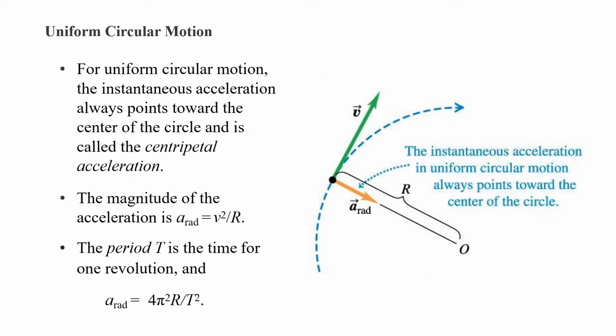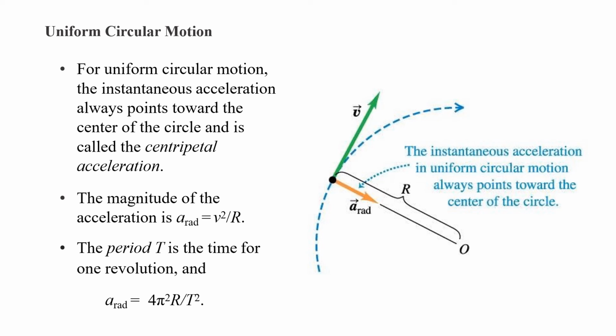For uniform circular motion, the instantaneous acceleration always points towards the center of the circle, and this is sometimes called the centripetal acceleration. The magnitude of this acceleration, which is the radial acceleration, is equal to v squared over r, where v is equal to the speed and r is equal to the radius of the circle.